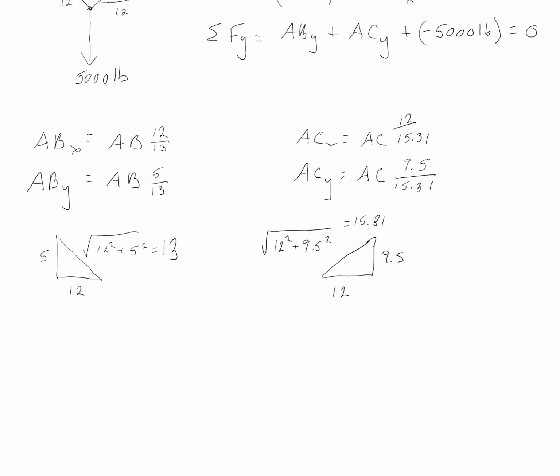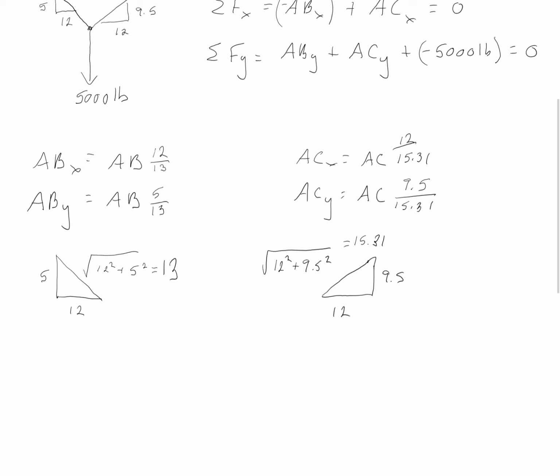Alright, now that I have the two components for each of those forces, I'm ready to substitute into my equations. Using my x equation, I have the opposite of ABX, which is 12/13 AB, plus ACX, which is 12 out of 15.31.